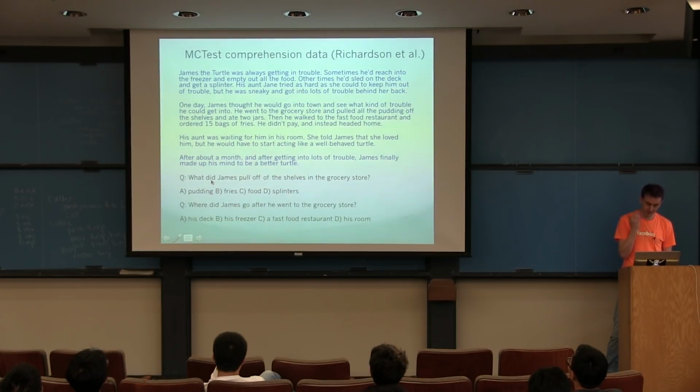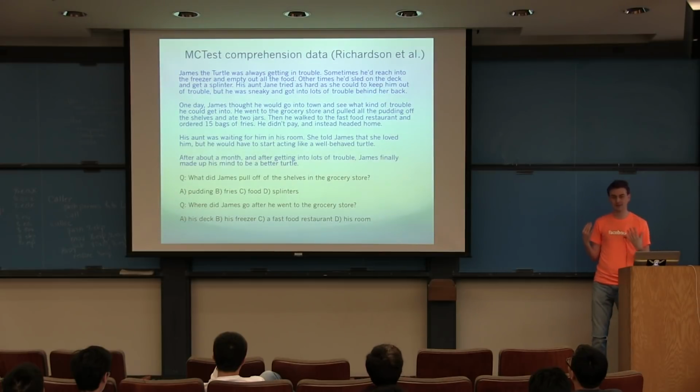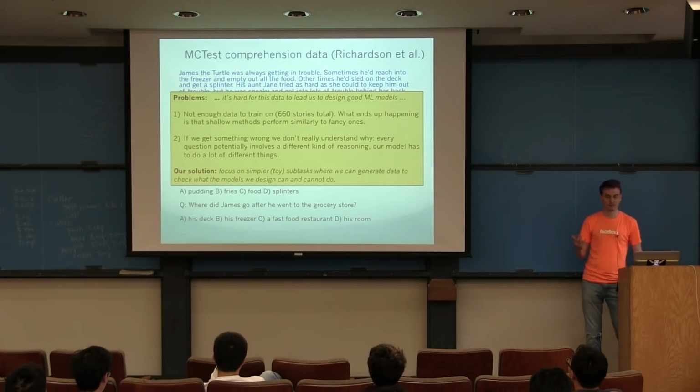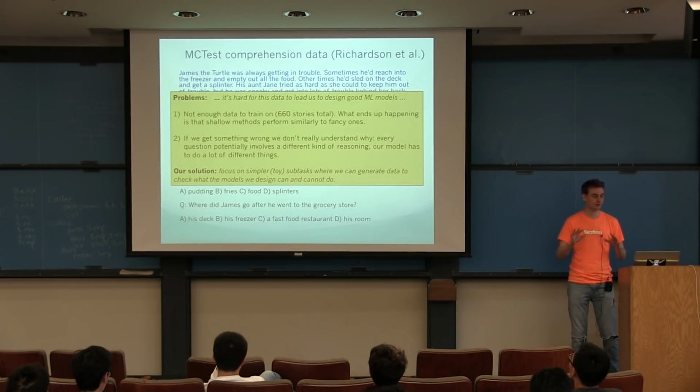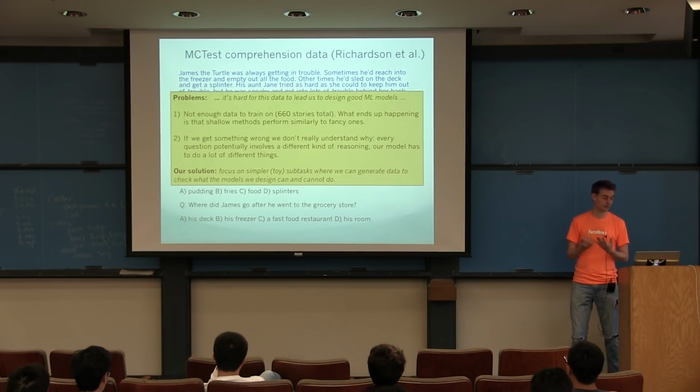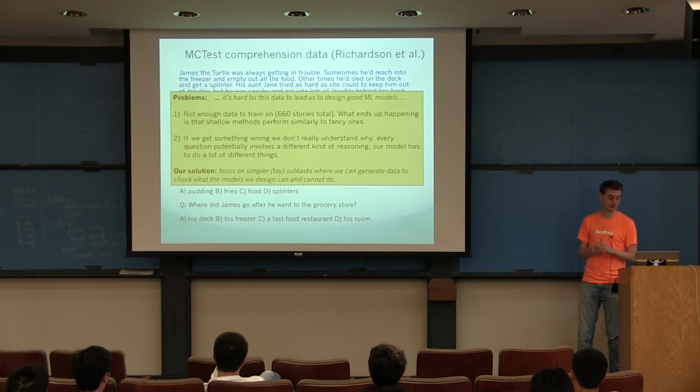There's a little bit of a problem with trying to train a network off this data right now: we just don't have enough of it labeled. This data set, for example, is 660 stories in total. And if you look at those stories, there's going to be lots and lots of common sense reasoning that the network needs to learn to answer these questions.